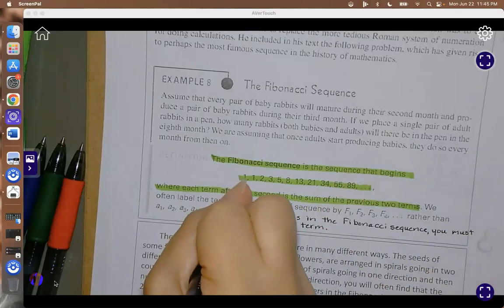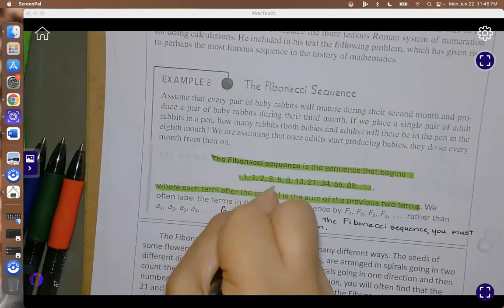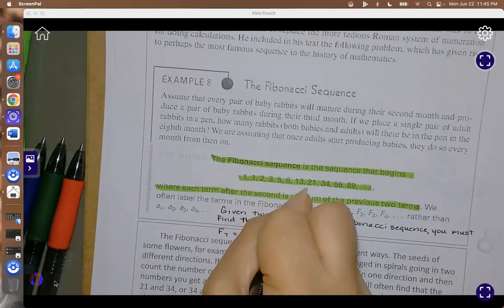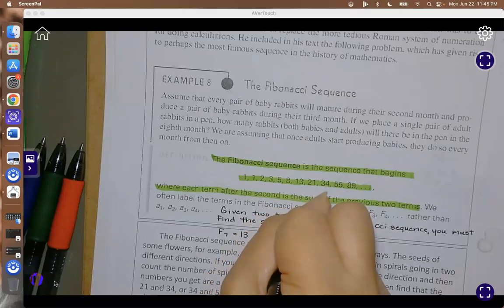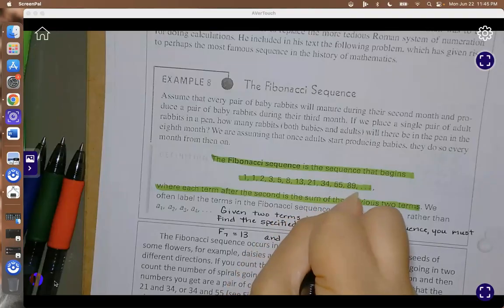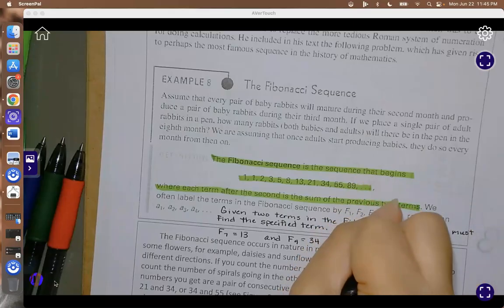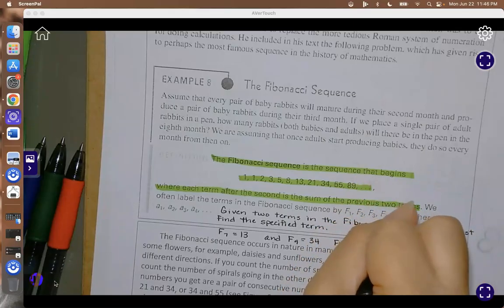Okay, so let's say that I give you that F7 is 13 and F9 equals 34. Find F8.